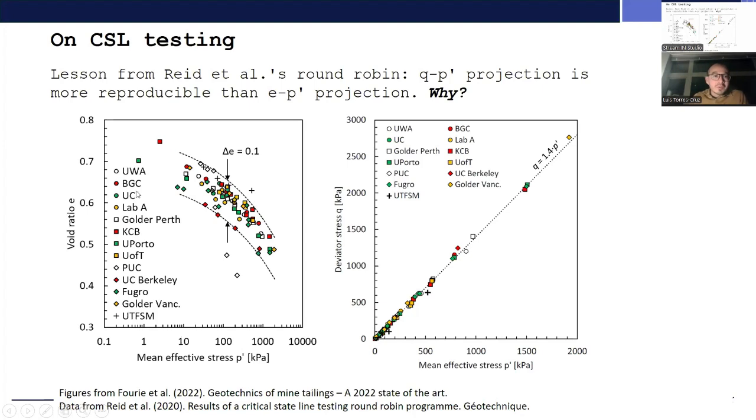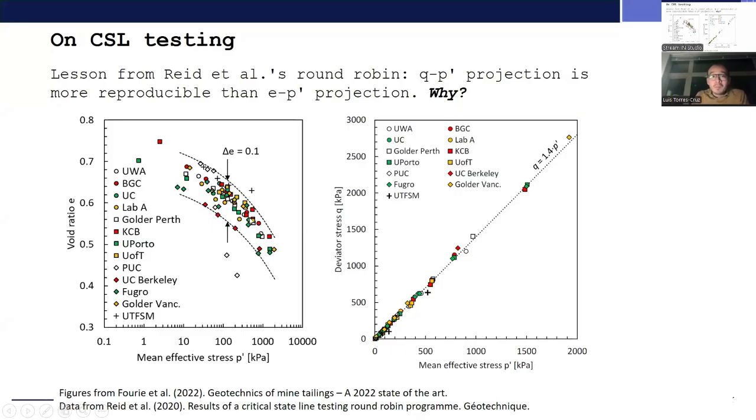But once you bring in the void ratio, that's where the scatter starts becoming more apparent. So careful measurement of the void ratio is crucial when obtaining reliable measurements of the critical state line.